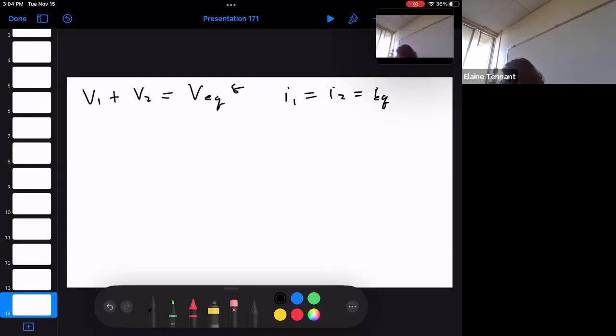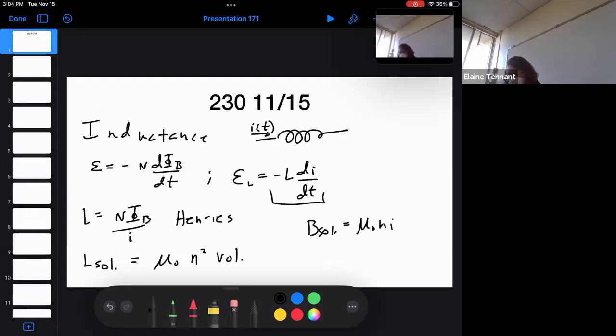Do we have an equation that links inductance to voltage? Gosh, I'm hoping someone says yes.